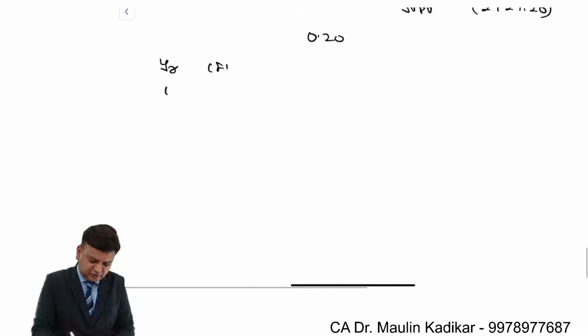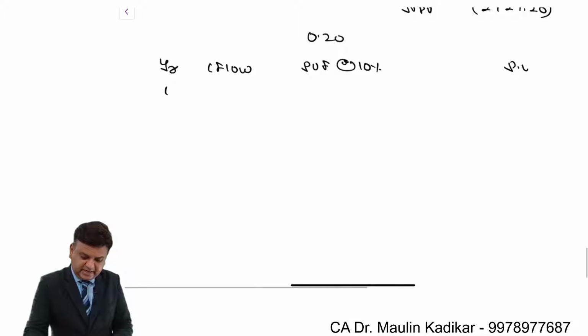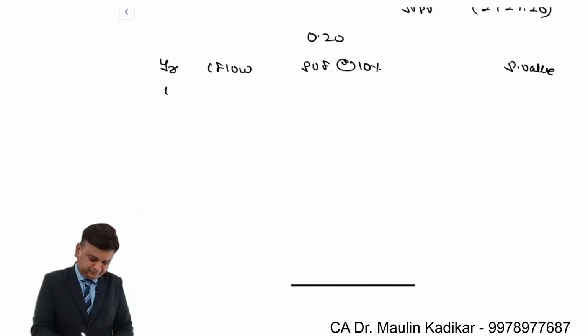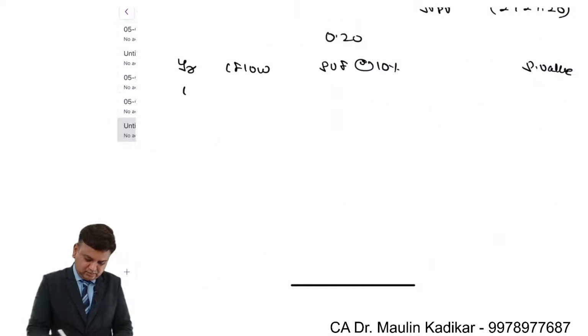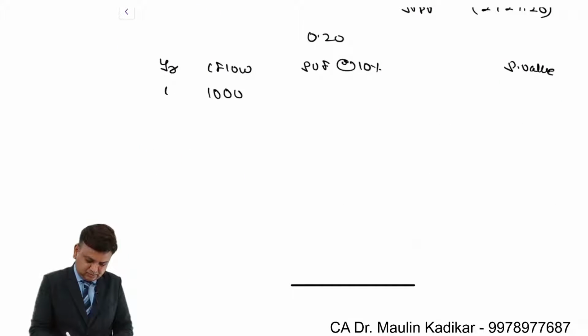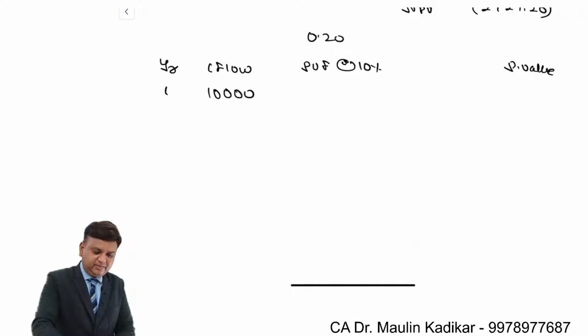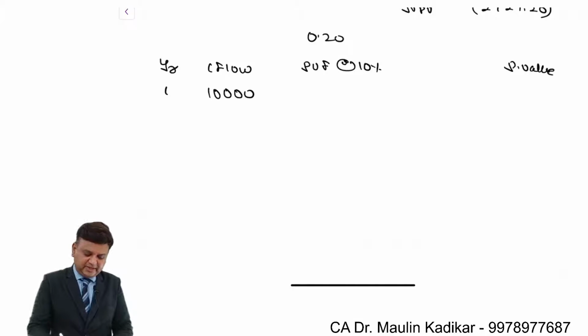Again, year 1 cash flow, present value factor at 10% and present value. This is 10,000. One divided by 1.1 comes to 0.9091.